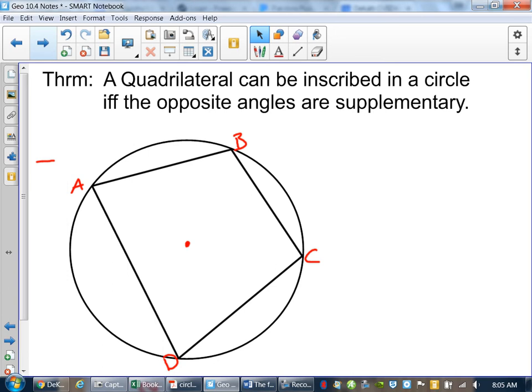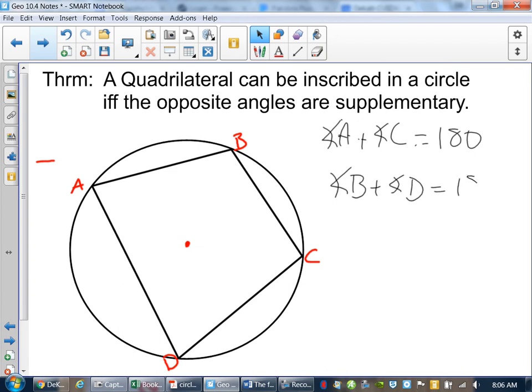So my bad diagram here would say that angle A plus angle C equals 180. Angle B plus angle D is 180. Quadrilaterals have to add up to equal how many total degrees? 360.